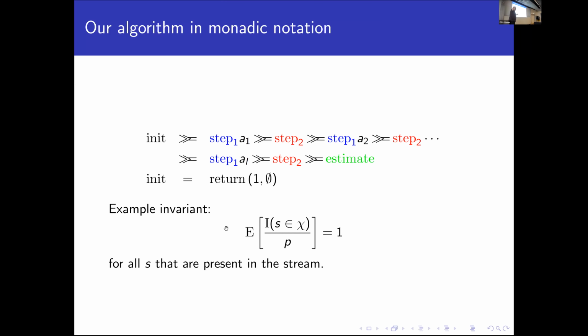Informally, you would say an element is in the buffer if it was encountered by the algorithm in the stream with probability P. But when you look at that statement, it's actually invalid because P is itself a random variable, right? So that's why you can express it like this: the expectation of the indicator variable divided by P is equal to 1. And we're going to look at how to show that invariant.